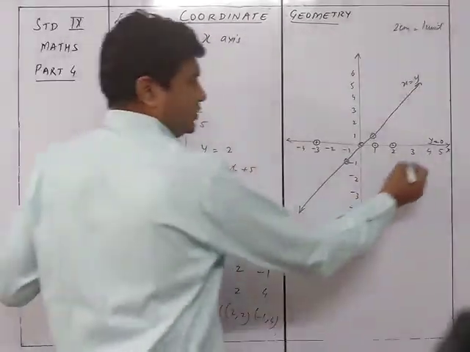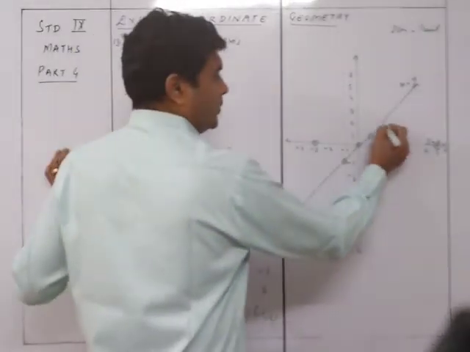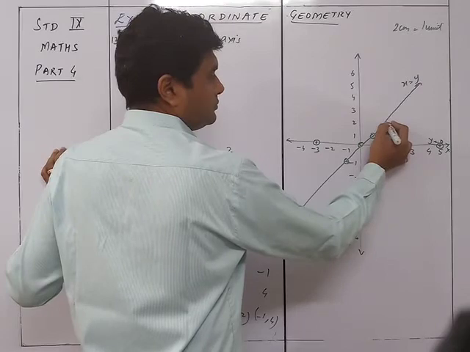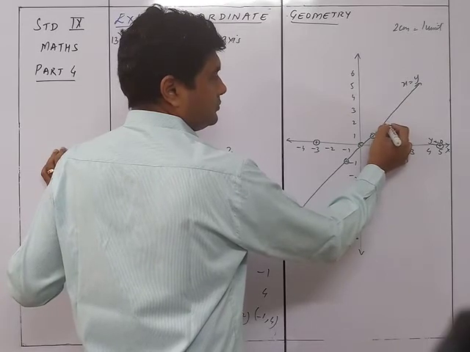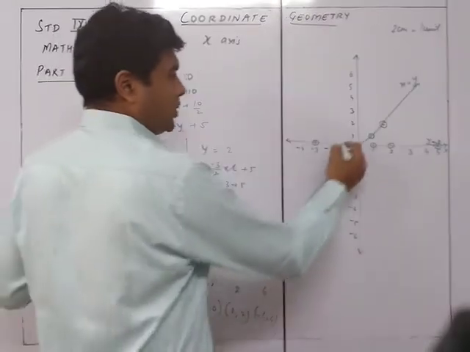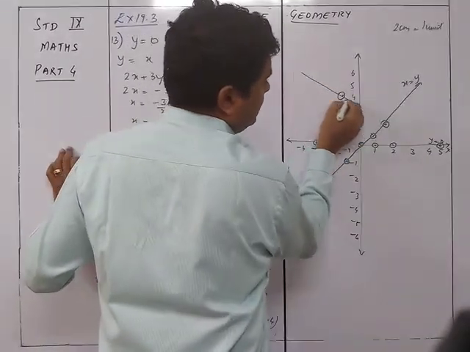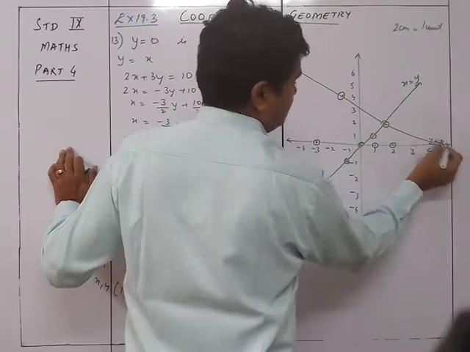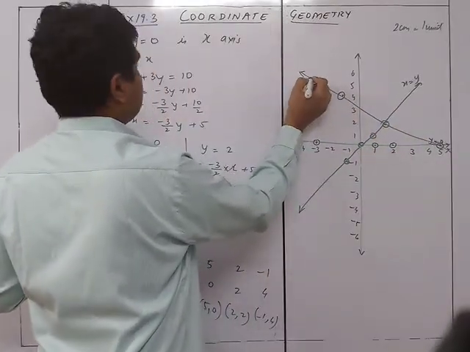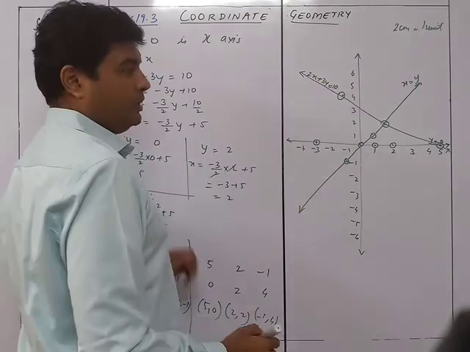So 5 comma 0 will be over here. 2 comma 2 will be over here. Okay, it will be on the same line, and minus 1 comma 4 will be over here. So now you know that it will be a line like this. Okay, so this equation is 2x plus 3y is equal to 10.